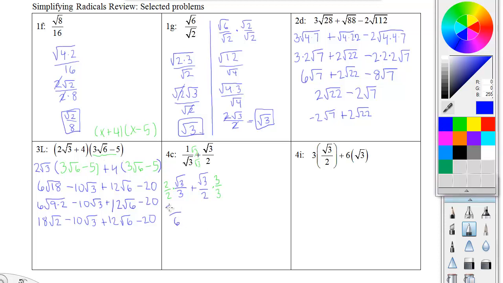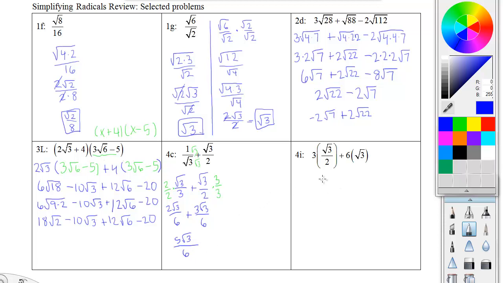So that's 2 root 3 on the top and 6 on the bottom, and 3 root 3 on the top and 6 on the bottom. And so altogether, when you add that up, you get 5 root 3 over 6.